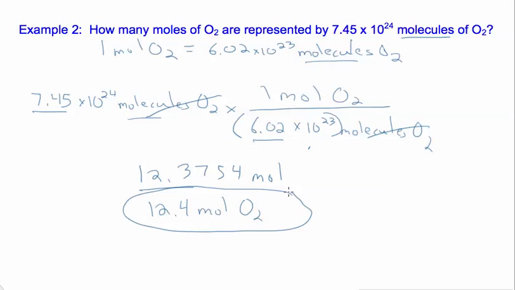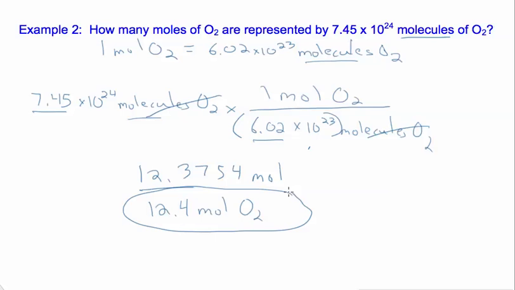One comment I want to make is if you're solving for moles, the number should be without scientific notation. It should be somewhere between 100 and a hundredth. So it should be a reasonable number. If you're solving for any of the representative particles, it should be in scientific notation.